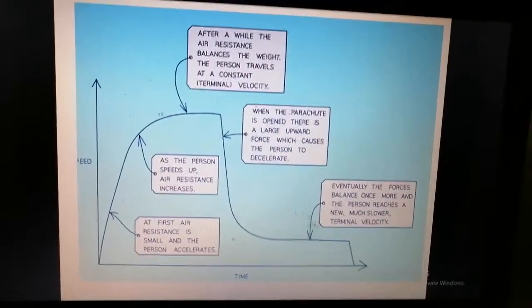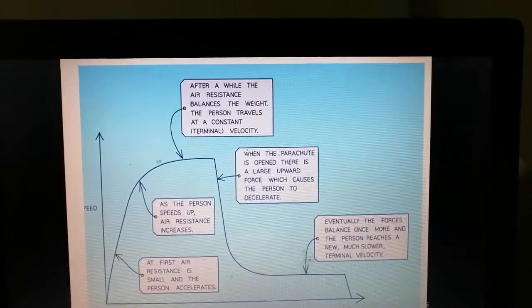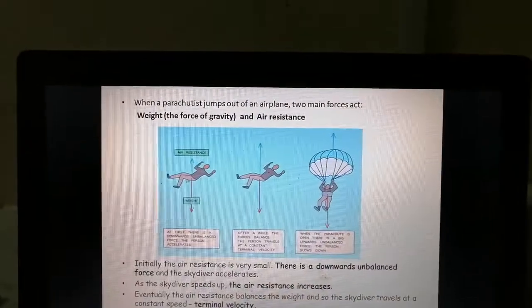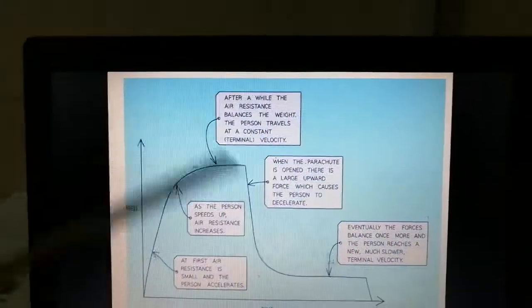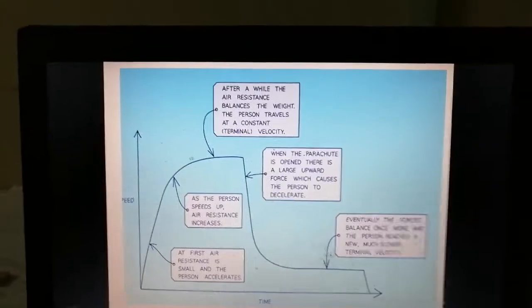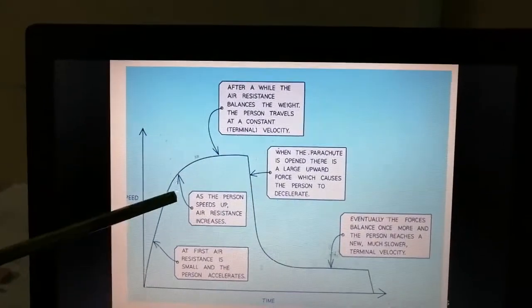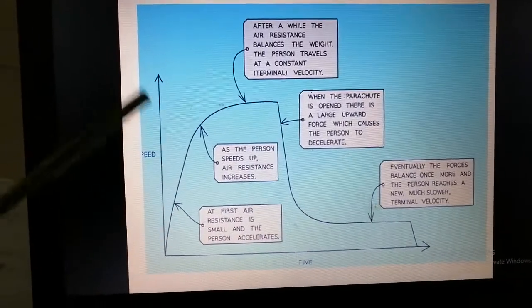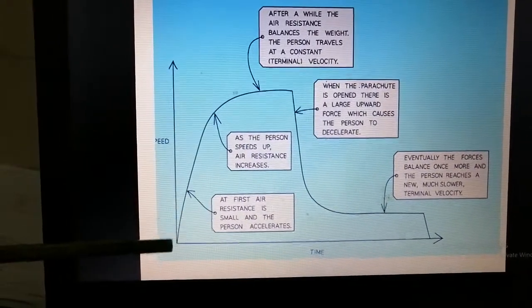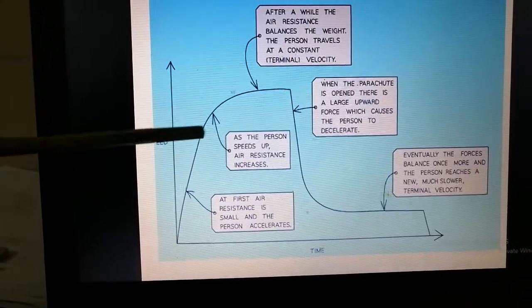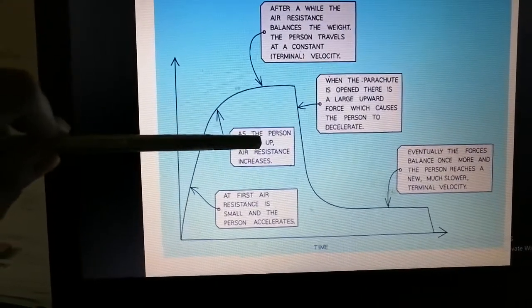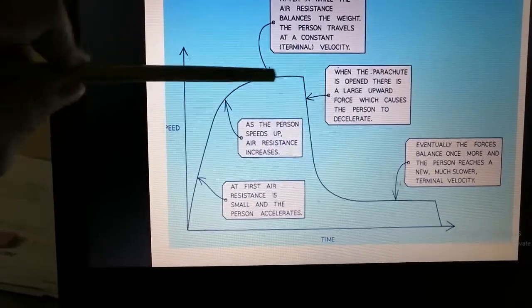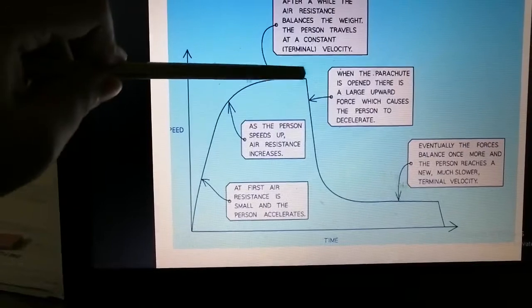This graph shows how the skydiver goes down. This is still the speed versus time graph, but including the terminal velocity. At first, when the skydiver goes down, they accelerate for the first part. After that, the air resistance balances with the weight, and then we have terminal velocity here, because of constant speed.